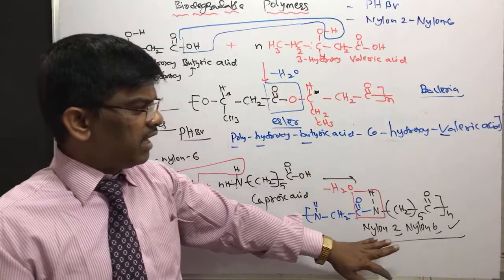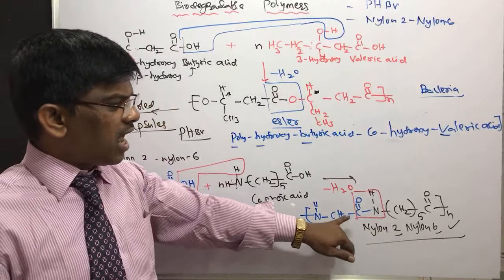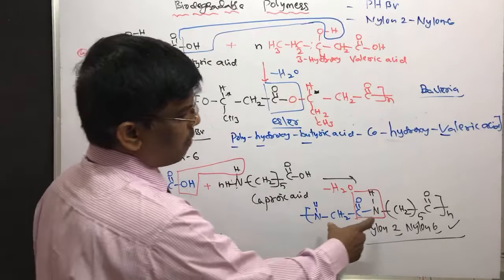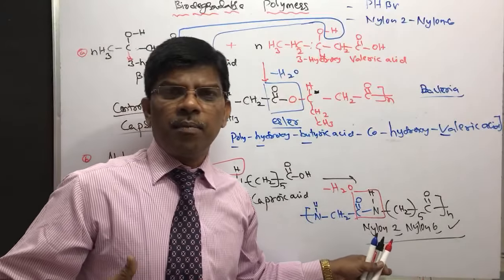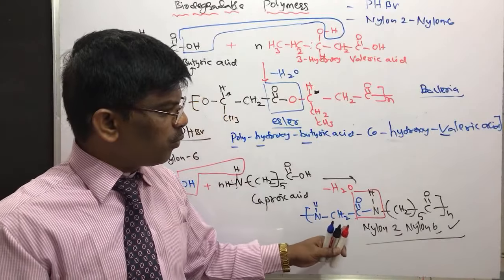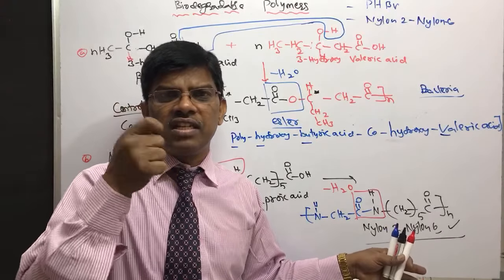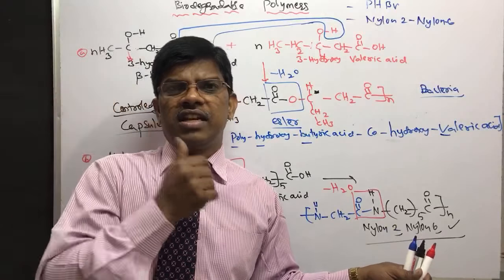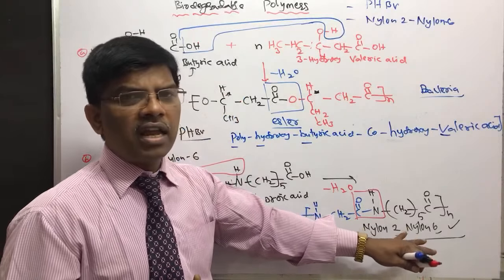Not only bacteria, even our body temperature and enzymes break this amide bond, as it is similar to protein, the polymer of our body. So nylon 2,6 is used for suturing. The stitching process is known as suturing of surgeries. Surgical suturing is done by using nylon 2,6.